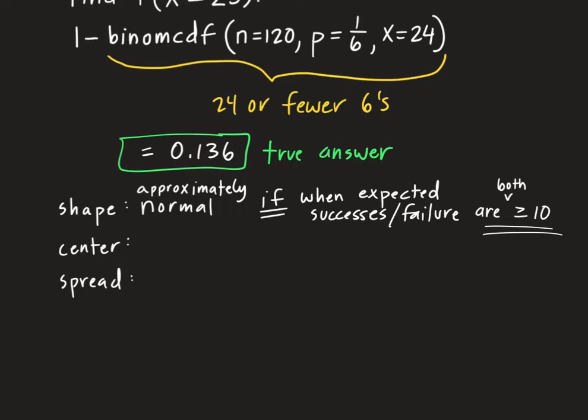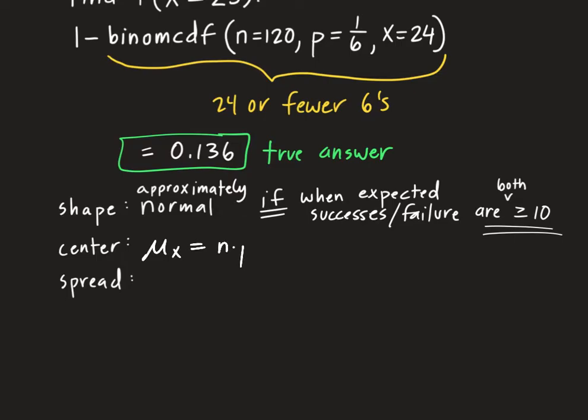Okay, so where is this thing centered? Now, we've known the center, the mean of a binomial distribution for a while now. If it's binomial, mu sub x, that's the average value. Where would this distribution of number of sixes rolled be centered? Or what's the expected value? That's what we just talked about, right?